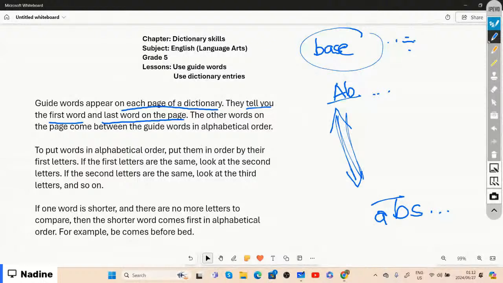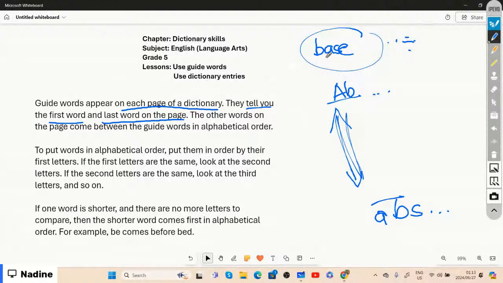So in a thesaurus, you will basically have synonyms of these words, words that are the same or almost the same as the specific word that you are looking for. That is within a thesaurus. And then we have an encyclopedia.